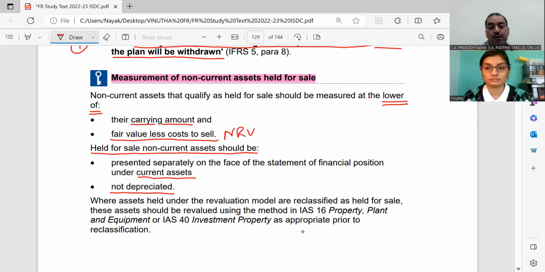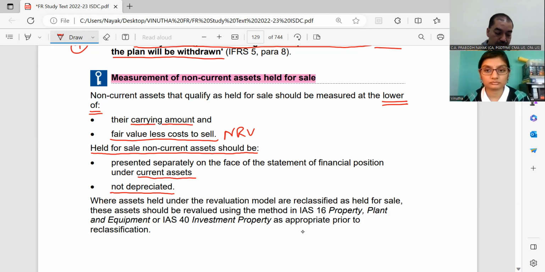When assets which are held under the revaluation model are reclassified as held for sale, these assets should be revalued using the method in IAS 16 property, plant and equipment or IAS 40 investment property as appropriate to classification. So either they should be revalued using IAS 16 or using IAS 40.